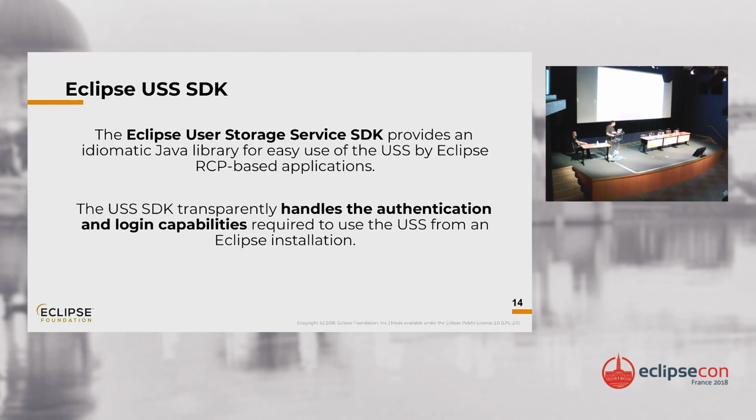We created an Eclipse project called the Eclipse User Storage Service SDK, which is a set of Java libraries that handles the authentication process for you, stores the access token, and when it's expired, fetches a new access token for you. So it makes it a lot easier to use this service if you need to.